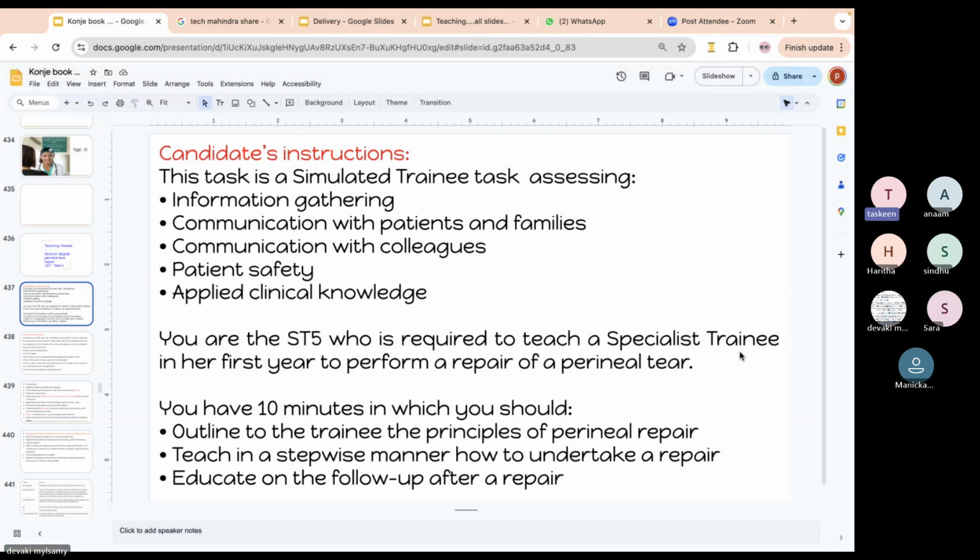Okay. And also, once we are going to repair, we have to assess that good lighting is available and the positioning of the patient is comfortable both for the patient as well as for the one who is going to repair. Am I clear to you till now? Oh, yeah. So once it's done, then we have to assess her. We also have to look at her vitals, what is the blood loss, and whether the patient is in shock or not. After that, we'll assess her perineal tear.